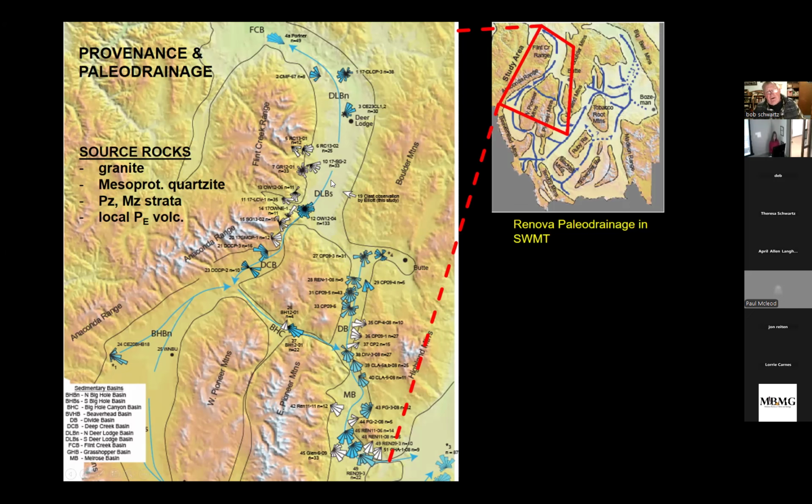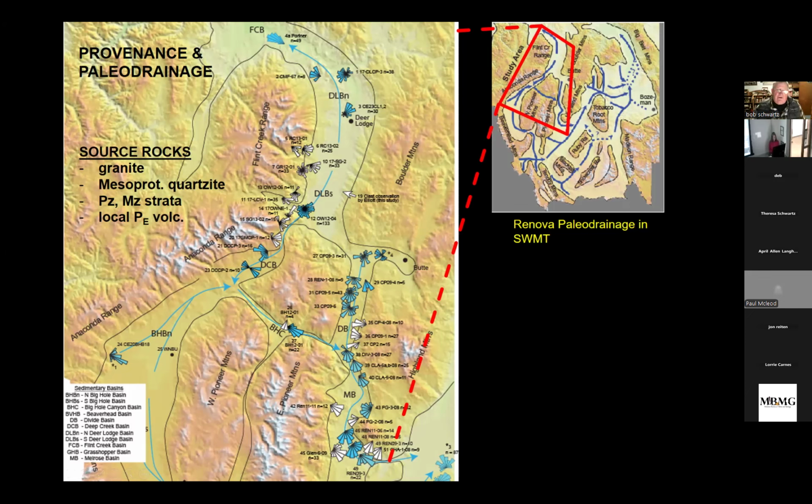This system here, I'm interpreting that it went from the Southern Deer Lodge into the Deep Creek, joined with drainage out of the Northern Big Hole Basin up here through the Big Hole Canyon, met the drainage coming down from the Divide Basin down through the Melrose Basin and on out as such.